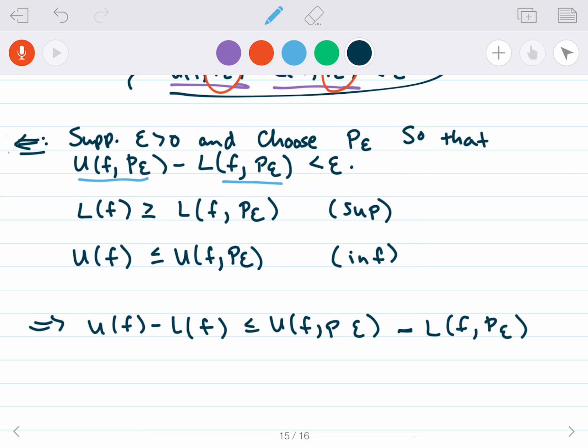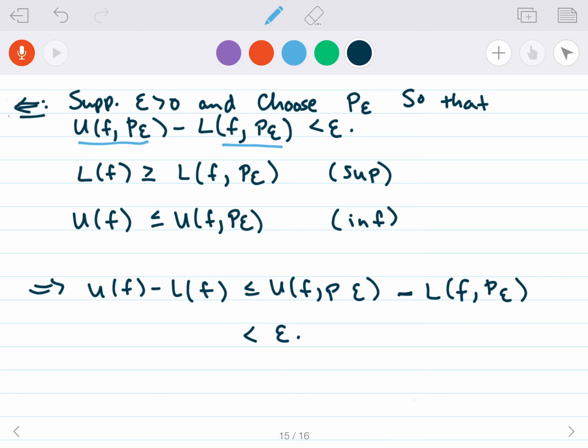We know from hypothesis that this is less than epsilon. And so now we have exactly what we want, because epsilon can be arbitrarily small. It can get as close to 0 as we want.